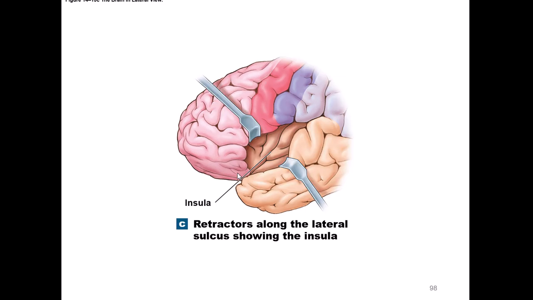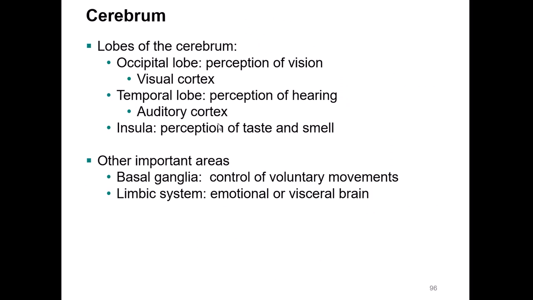And then finally, if we were to open up the lateral sulcus right here, there's the temporal lobe below and the parietal and frontal lobes above. If we look deep inside here, this is the insula. And the insula will perceive anything that you taste and then also smell, the sense of smell. Okay, so those are the lobes that I'd like you to know, just a general function of those lobes.